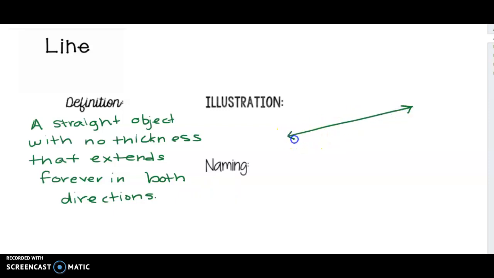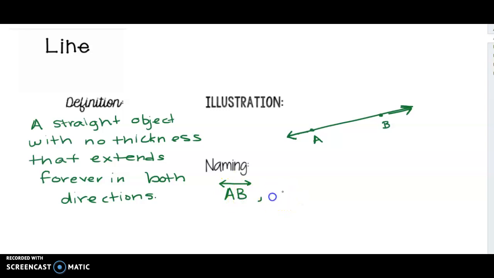And it's going to have an arrow on both ends. And each of these arrows signifies it goes off forever to the left. And this arrow over here signifies it goes off forever to the right. Usually you have a couple points, A and B we'll call it. And if we wanted to name this line, we could call it AB, but you have to have the double arrow on top of it. If you don't, this is something entirely different.